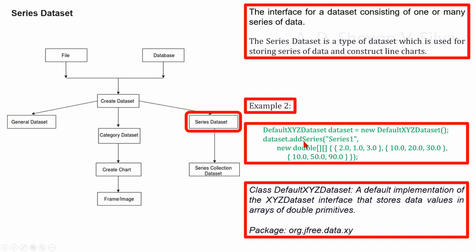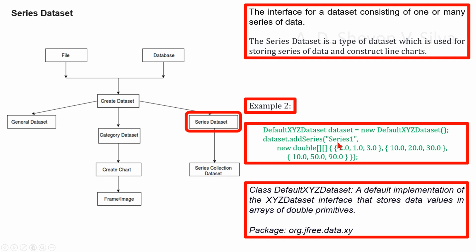Here the addSeries method adds a series, or if a series with the same key already exists, replaces the data for that series, then sends a DatasetChangeEvent to all registered listeners.